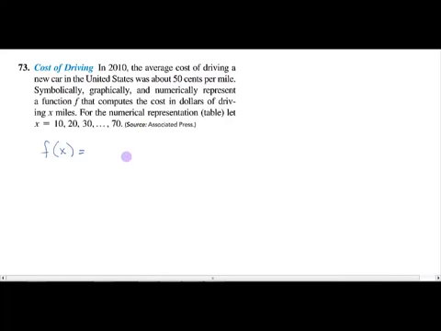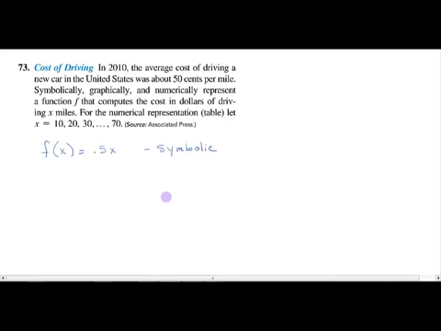So if we drive 1 mile, it costs 50 cents. If we drive 2 miles, then it costs about $1. 3 miles, $1.50. So what we're doing is multiplying each mile by 0.5. So 0.5x, or you could also write 1/2 x. So that is our symbolic representation of the function.